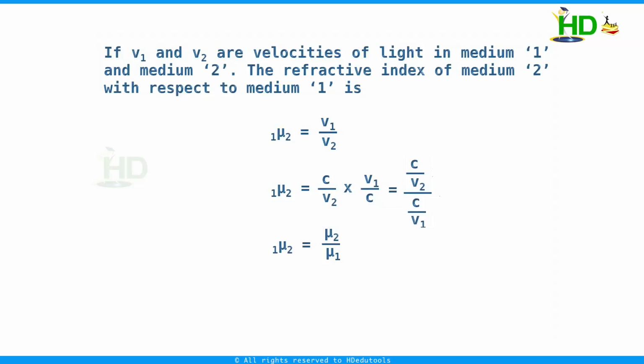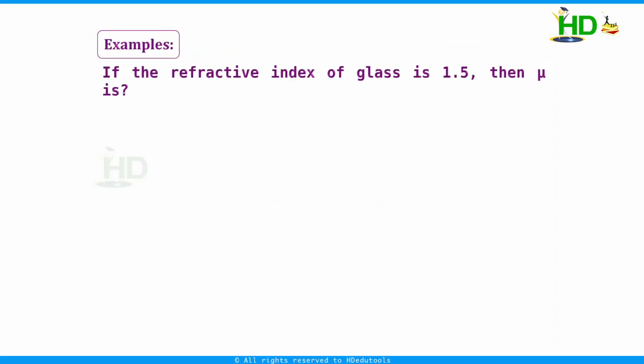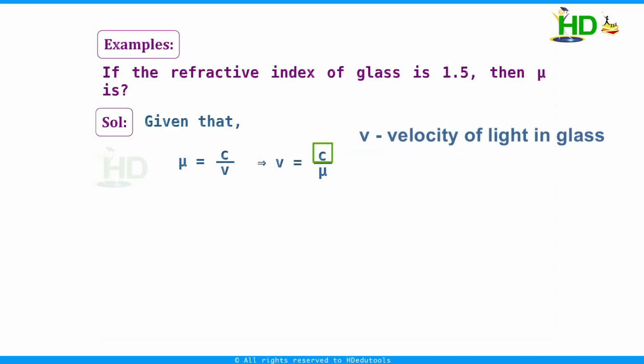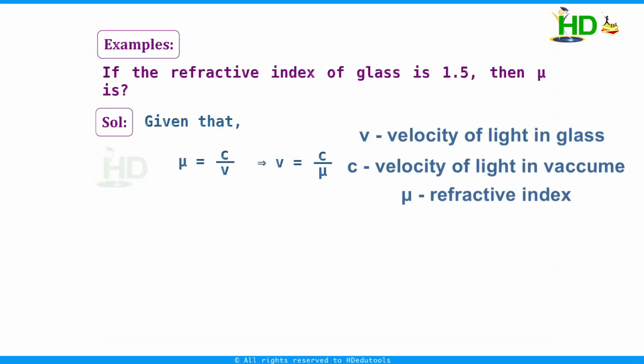What does the refractive index of a medium indicate? It gives an idea about how much the velocity of light decreases in that medium. For example, if the refractive index of glass is 1.5, then already we know that mu equals c by v, or v equals c by mu, where v is the velocity of light in glass, c is the velocity of light in vacuum, and mu is the refractive index.